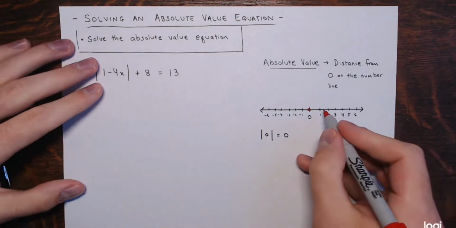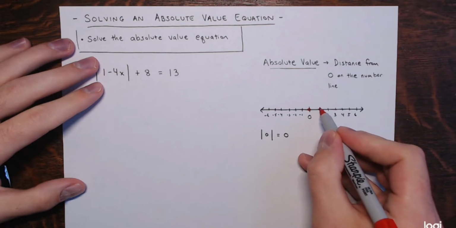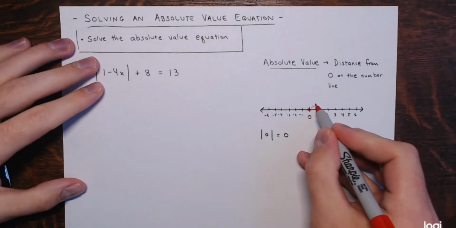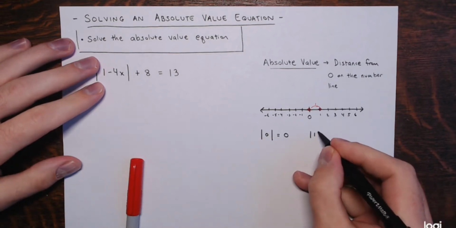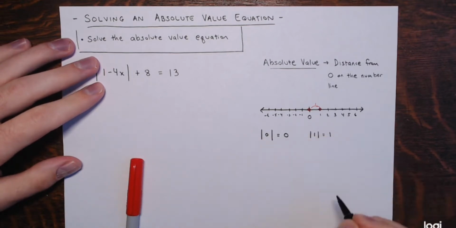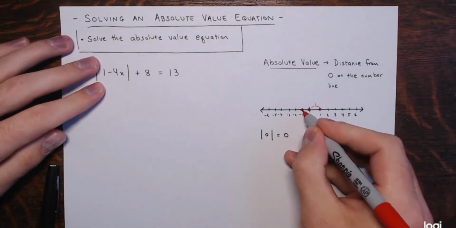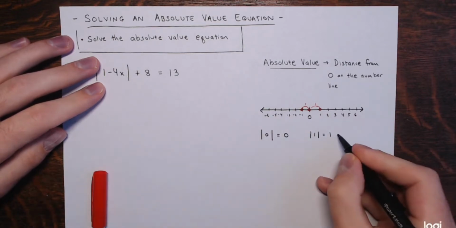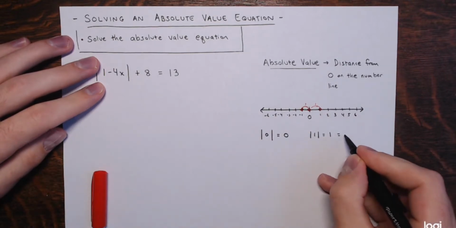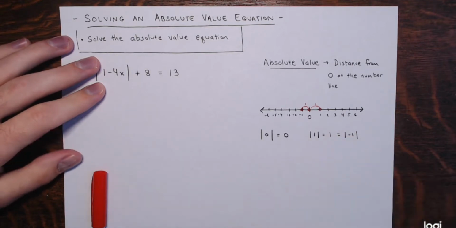The absolute value of 1 is 1 unit. The absolute value of 1 is 1. But so is the absolute value of -1. This is also 1 unit away from 0. So the absolute value of 1 is 1, and so is the absolute value of -1. These are both equal to 1.